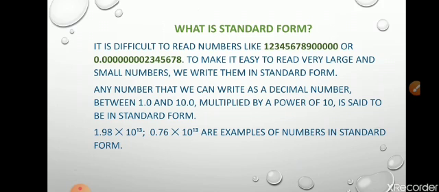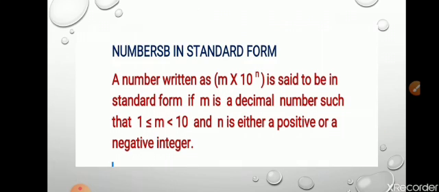It is very difficult to read a number like 1237890042, or very small numbers like 0.000247835. So to make it easy to read very large and very small numbers, we write them in standard form, that is m into 10 to the power n.